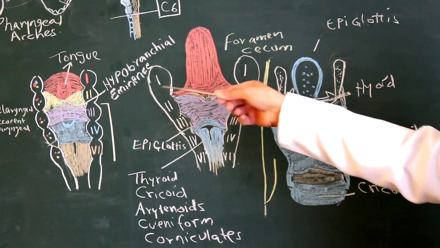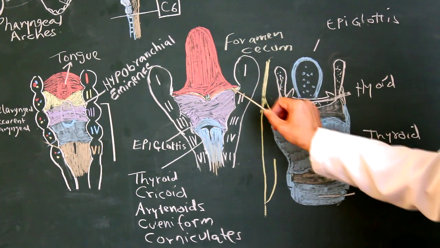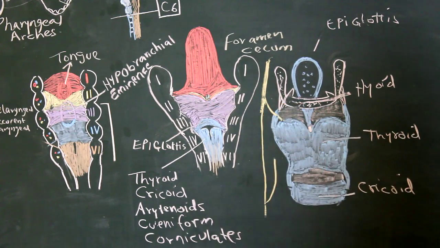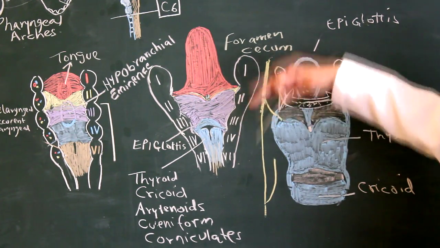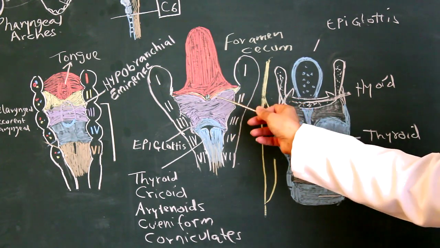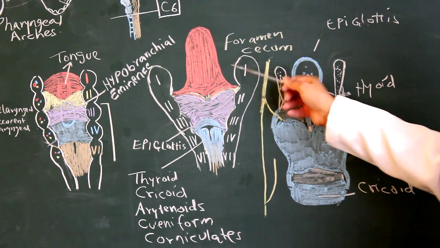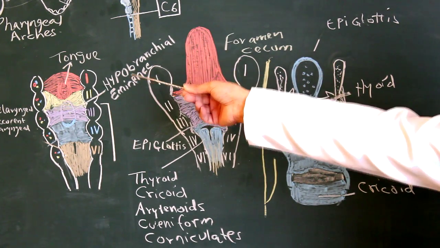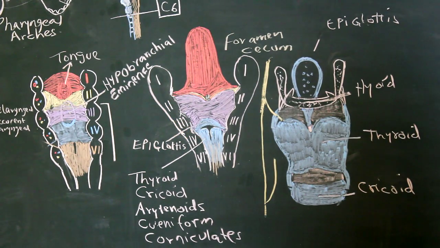Then at the junction of the anterior 2/3 with the posterior 1/3, there is a V-shaped sulcus, the sulcus terminalis. In this is buried the component of the 2nd pharyngeal arch. At the sulcus terminalis we have the circumvallate papillae, which get their special sensory innervation from a branch of the 7th cranial nerve, the nerve of the 2nd arch. The name of the branch is the chorda tympani nerve.